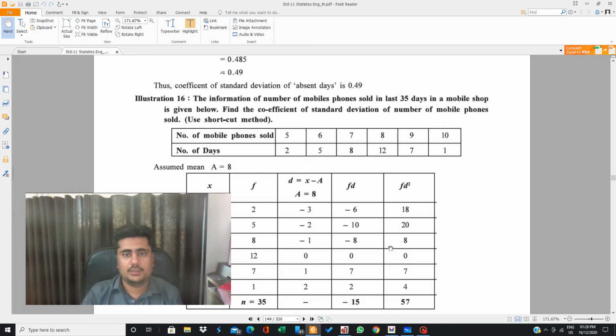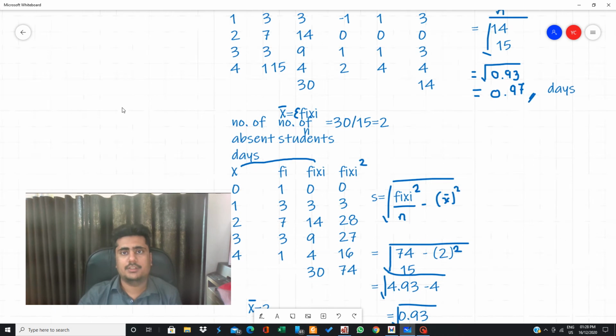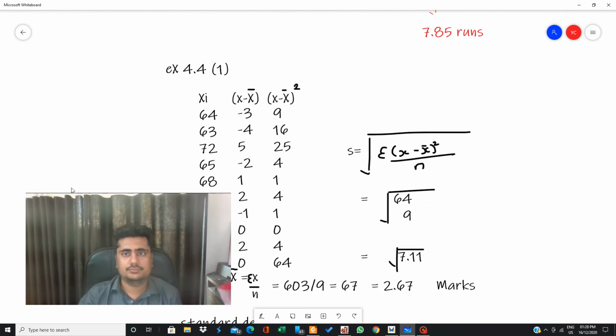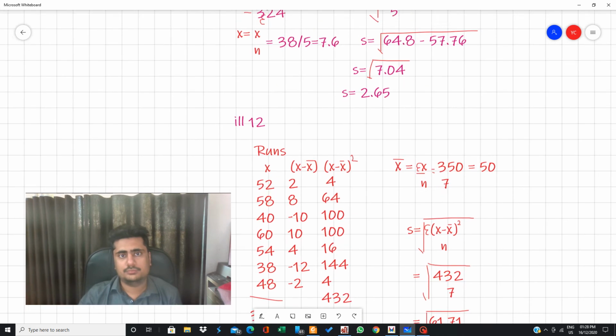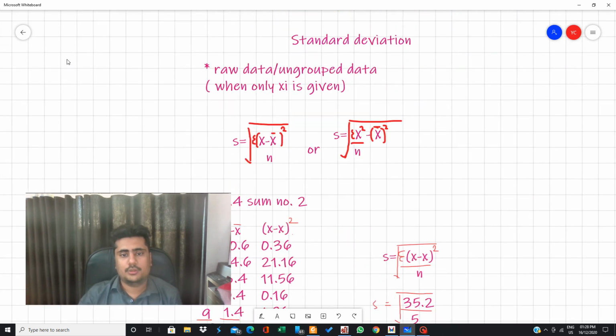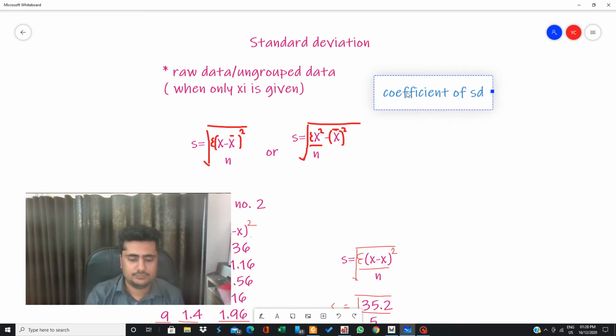They have solved the coefficient of standard deviation. So what is the coefficient of standard deviation? Let us write the formula for that also. I taught you in standard deviation, coefficient of standard deviation means standard deviation upon mean.